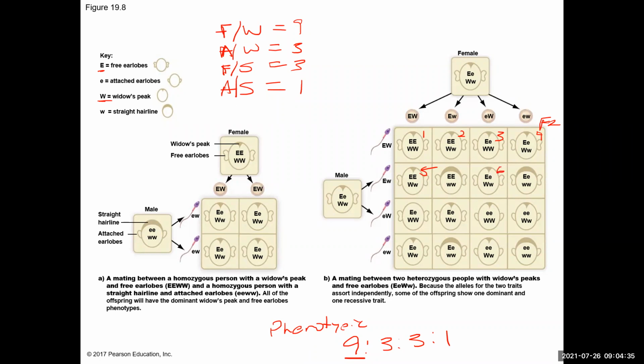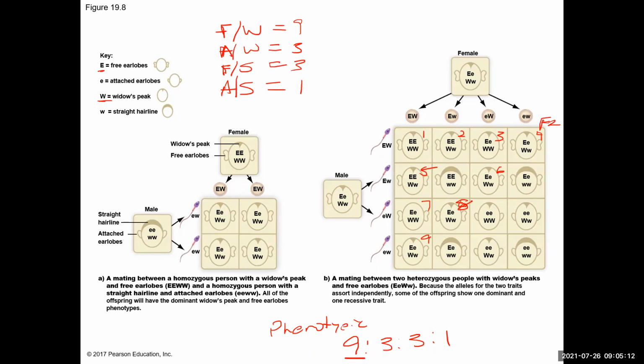This is straight hairline, so we don't want that one. This one, there's no hair on that one. I've never noticed that. But this is dominant, so that would be 7. Then we've got 8, and dominant is 9. And then we have recessive. So there are 9 individuals that are free earlobes with widow's peak.